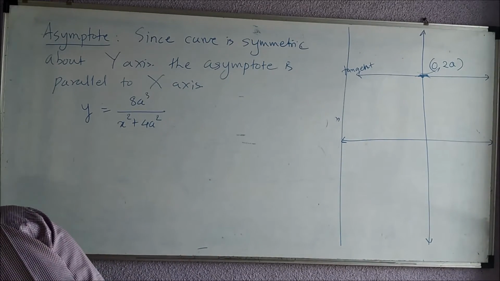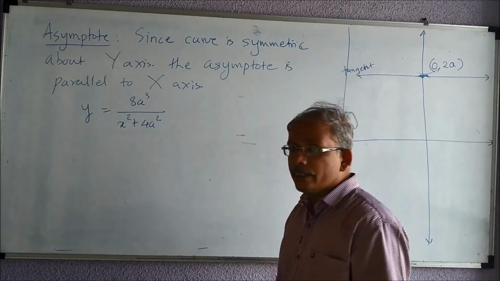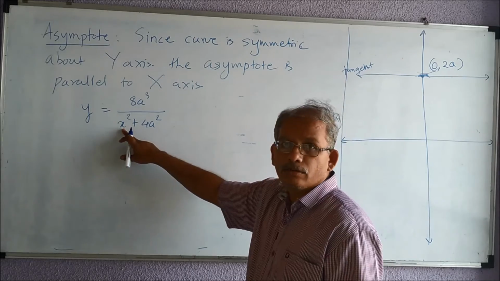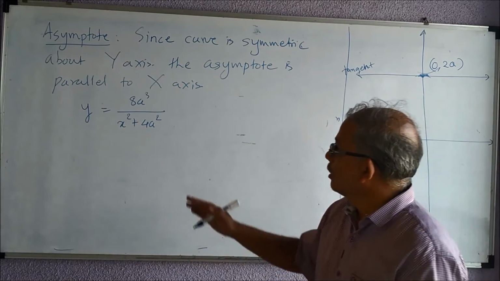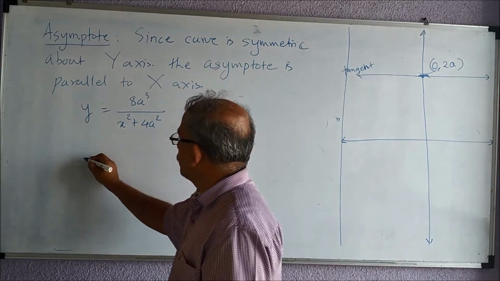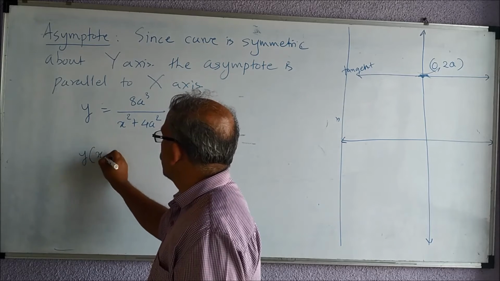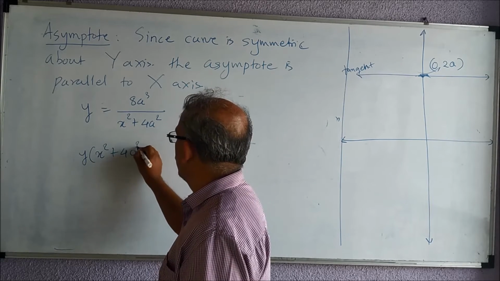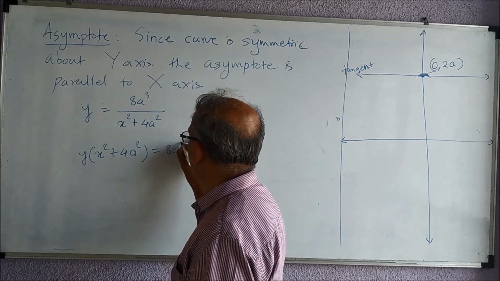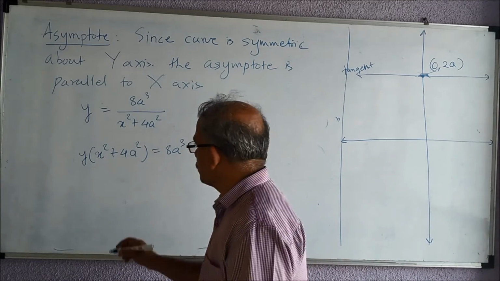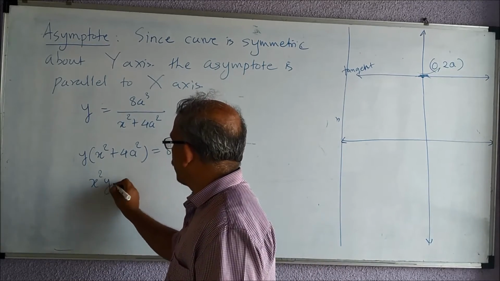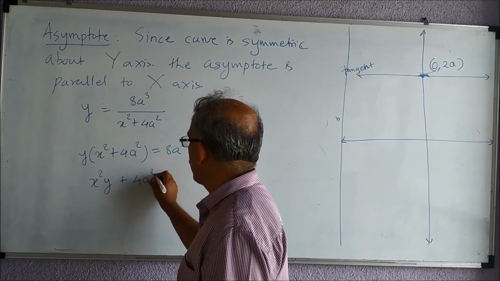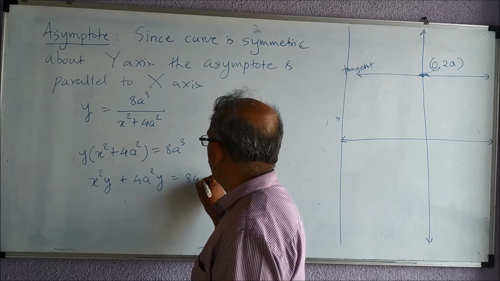To get its coefficient, let me take it to this side. So y times x square plus 4a square is equal to 8a cube. If I simplify this, I get x square y plus 4a square y equal to 8a cube.